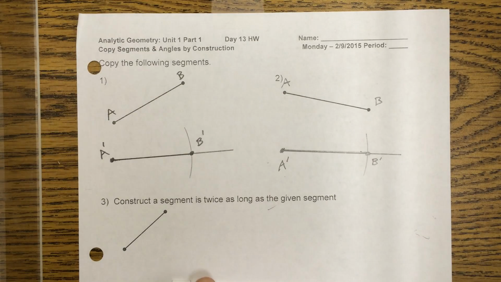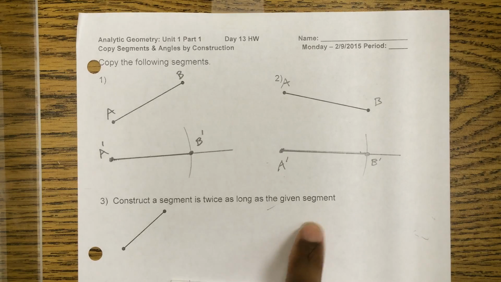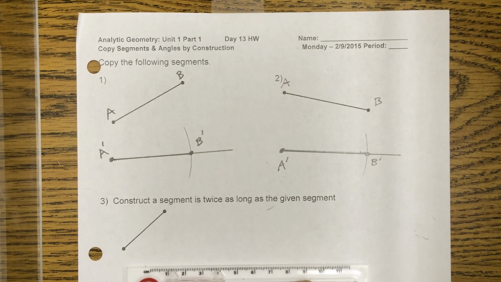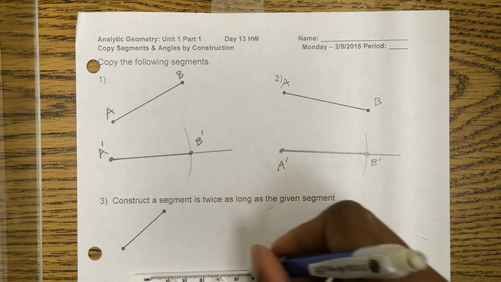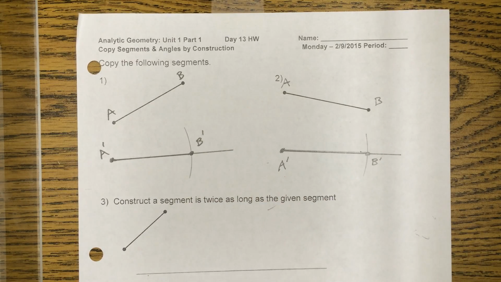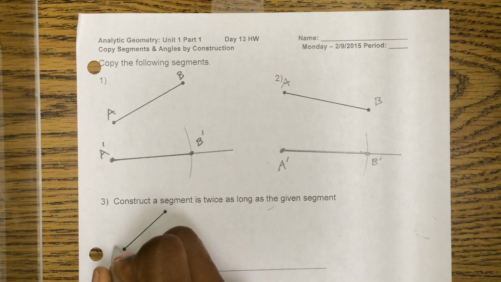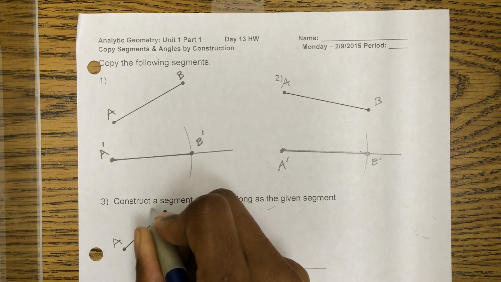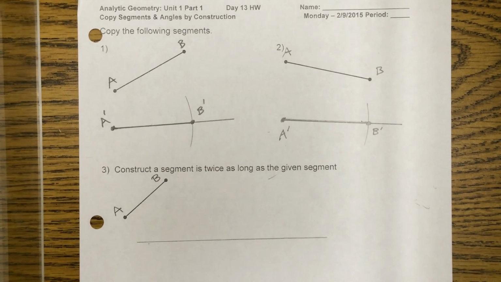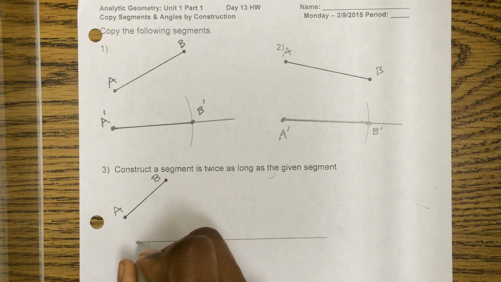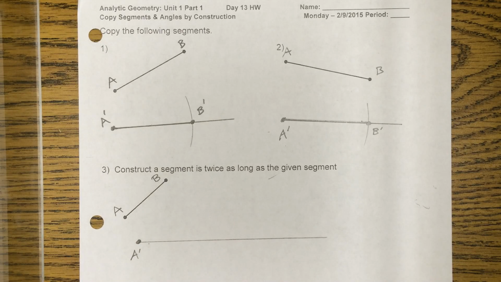Now for number 3, we're supposed to construct a segment that is twice as long as the given segment. So we're just going to go ahead and make a segment that's nice and long, so we have plenty of room. I'll call this point A and I'll call this point B as before. I will pick this end to be my A prime.